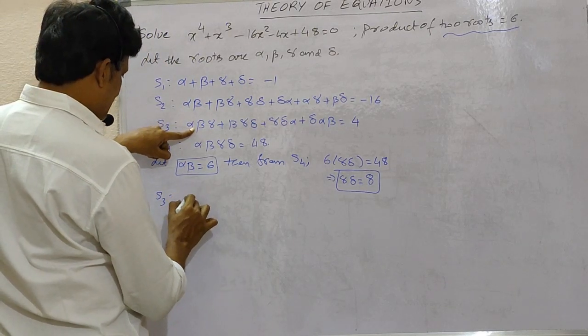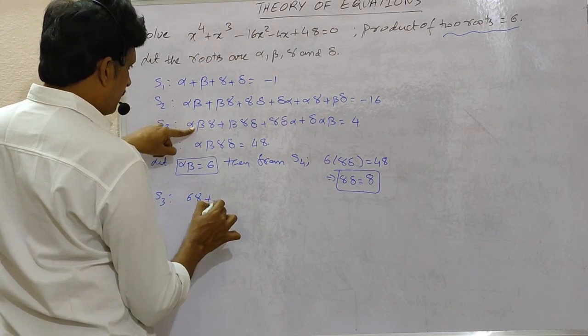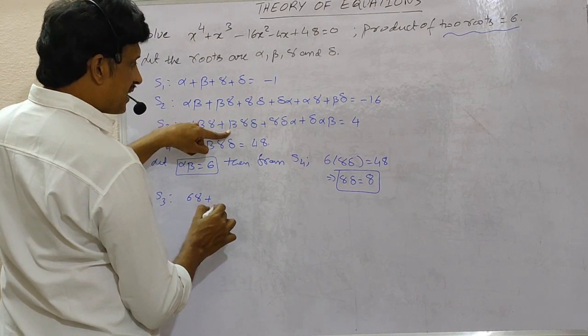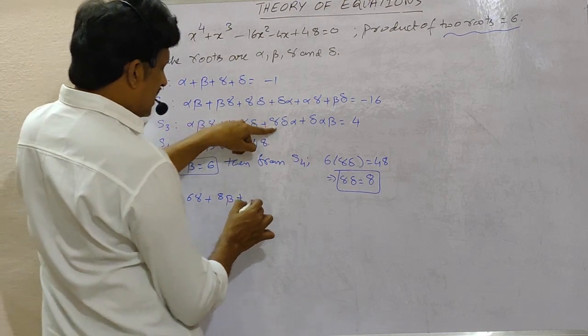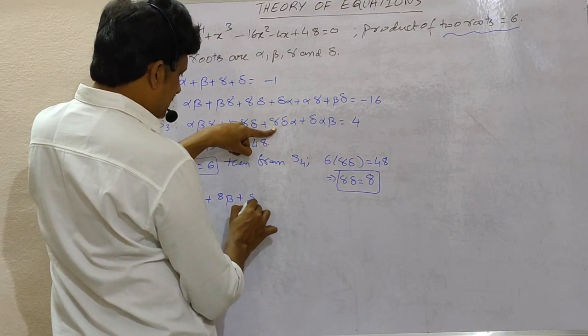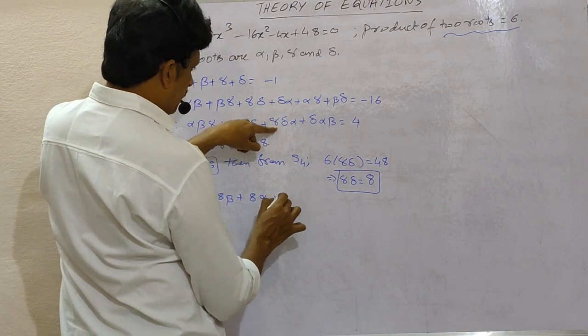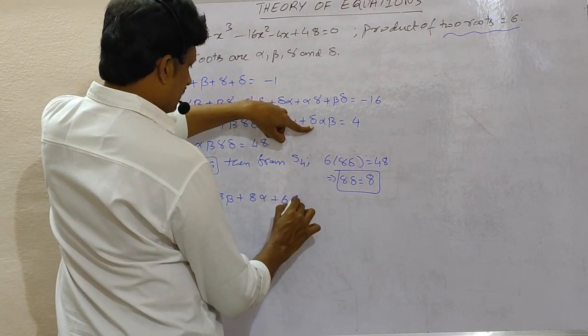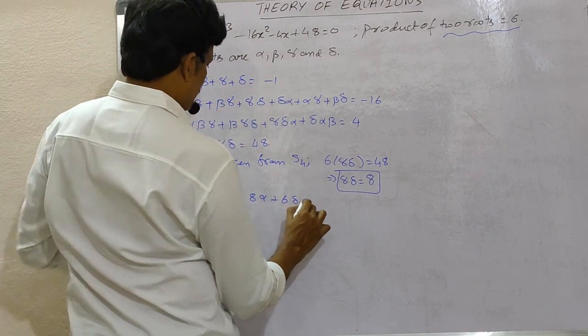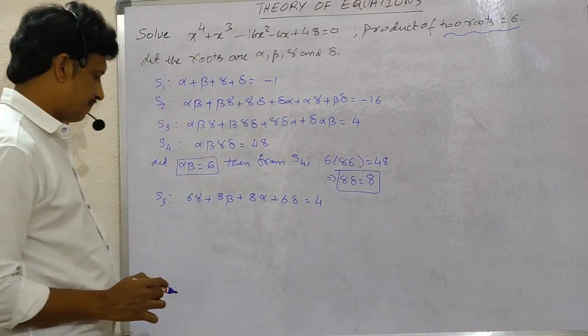Alpha beta means 6 gamma plus beta gamma delta is 8, so 8 beta, plus gamma delta means 8 alpha, plus delta alpha beta is 6, so 6 delta, is equal to 4 in S3.